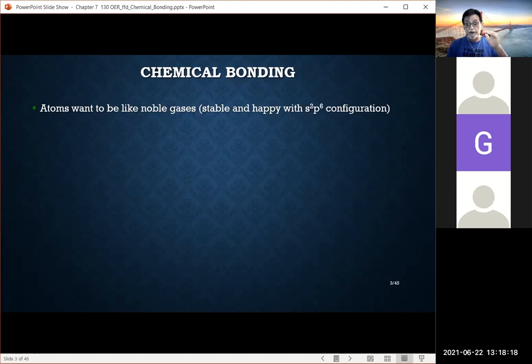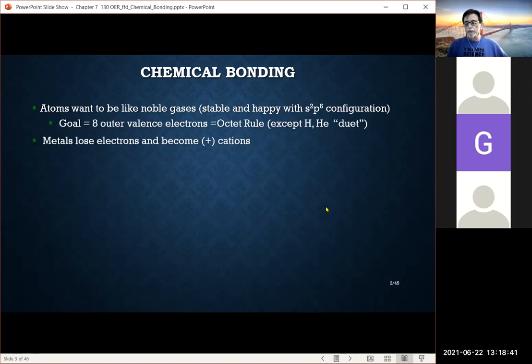The second has the s and the p, and that's where the p's come in. But for those elements in the first energy level, their goal is to have the s2 configuration, like helium. Helium has 2 electrons, and its orbital is full. It's the s orbital in the first energy level. Okay, so that's the octet rule.